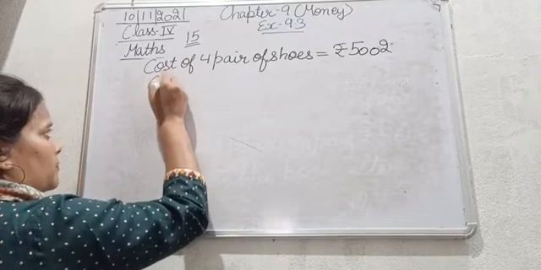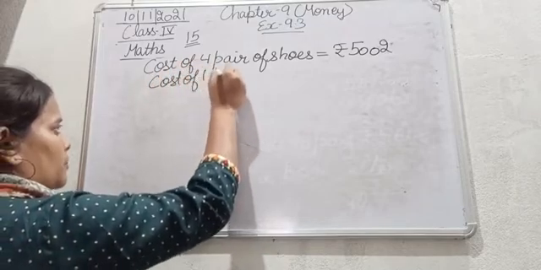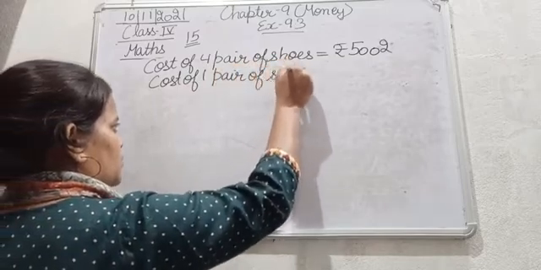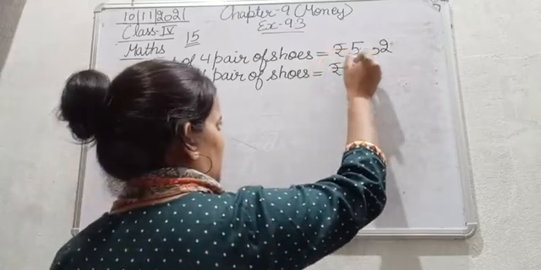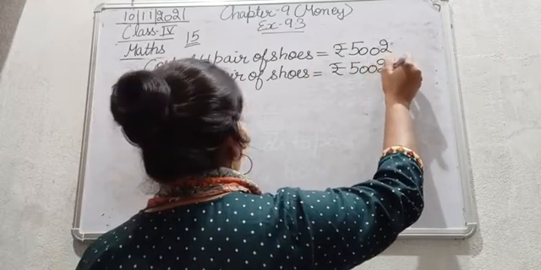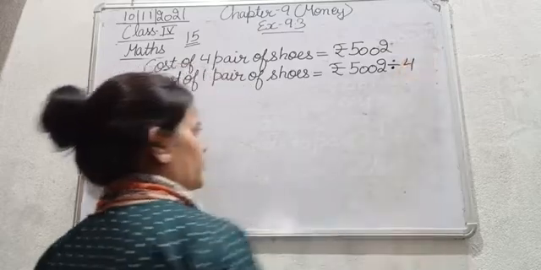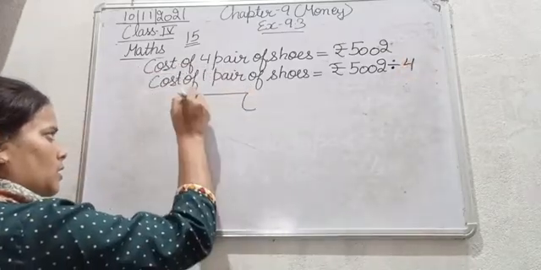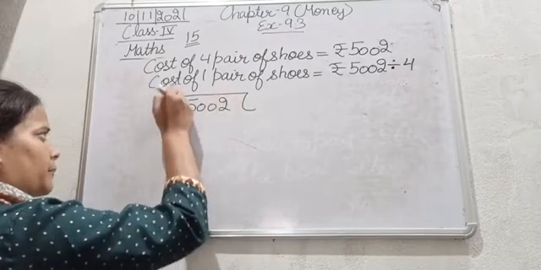So cost of 1 pair of shoes, that is 5002 rupees divided by 4. So let's find out, 5002 divided by 4.